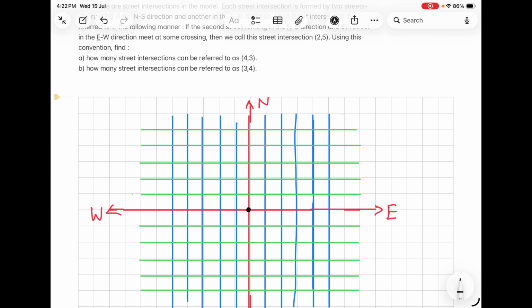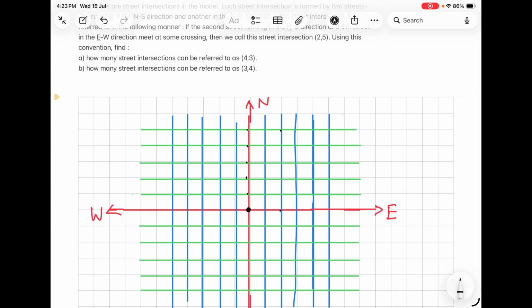In this model, you have seen the street intersection. One street crosses another street. This point is called a street intersection. To find it, where is the second street? The second street is the one running in the north-south direction. So in the north-south direction, the second street is this one. And the fifth street in the east-west direction: 1, 2, 3, 4, 5.